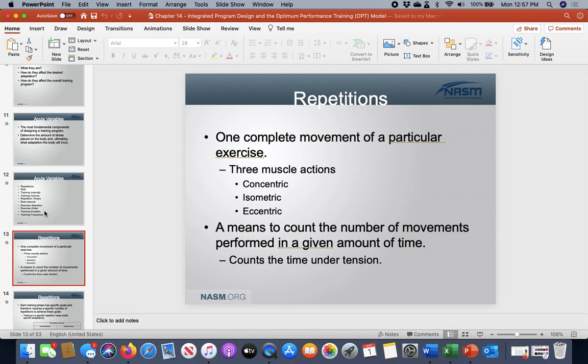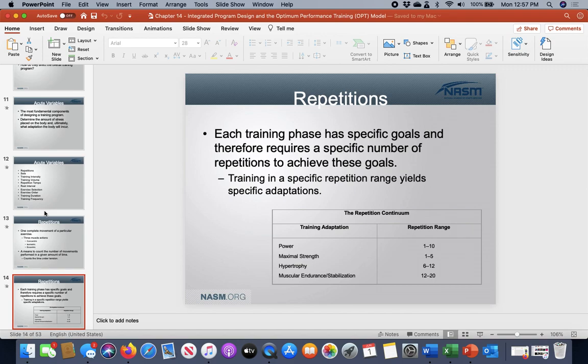With reps, if you look here, this is the rep continuum: power, max strength, hypertrophy, muscular endurance, and stabilization. Those usually work hand in hand in terms of rep counts and volume. Just because it says muscular endurance and stabilization, they're still two separate phases, but their reps, sets, and rest periods are going to be very similar.